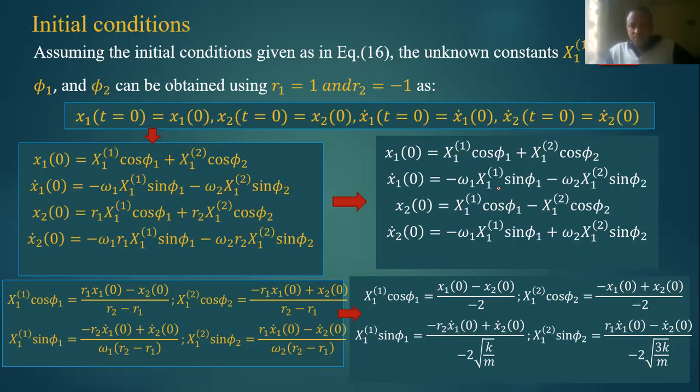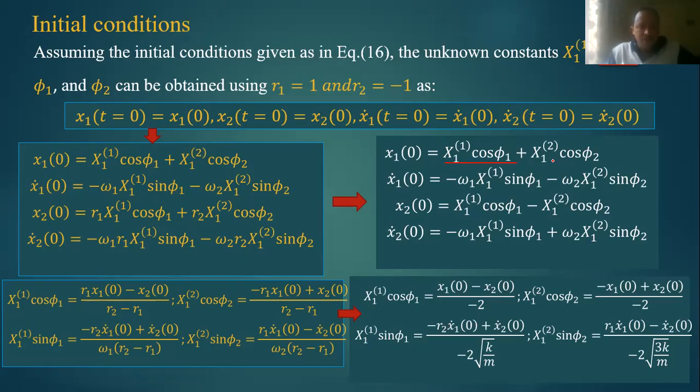When we properly apply these rules, substituting the values, we get x1 of 1 cos phi 1 equal to this equation.